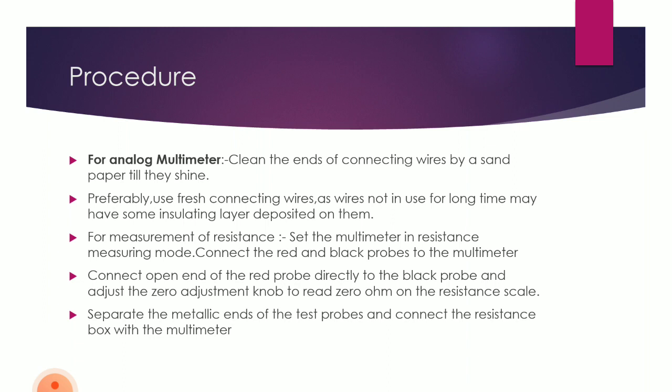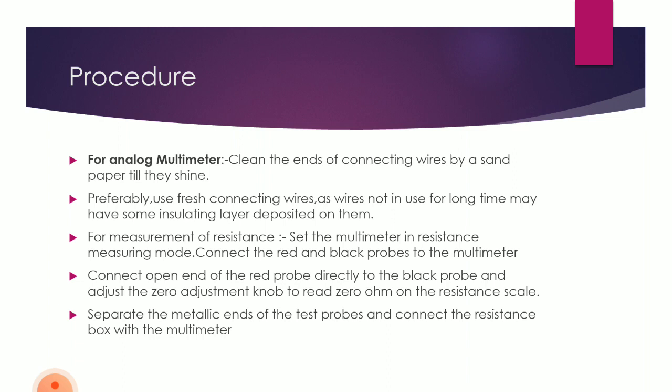Preferably use fresh connecting wire, as a wire not in use for a long time may have some insulating layer deposit on it. We will use fresh and new wires for making an analog multimeter for measurement of resistance. And then we measure resistance on the analog multimeter. How we measure? Let's see.